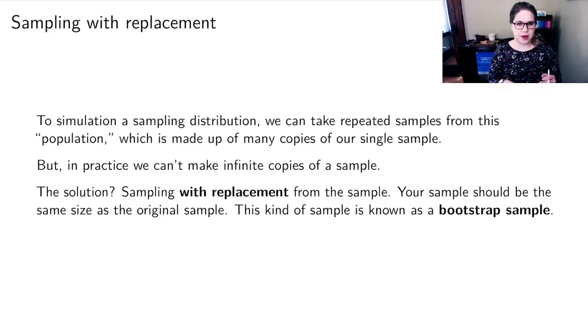I do that the same number of times as there are cases in my original sample. In this case, I had 14 M&Ms in my original bag, so I'm going to draw a sample with replacement 14 times. And I would call that a bootstrap sample. So a bootstrap sample is a sample with replacement from the sample, the same size as the original sample.